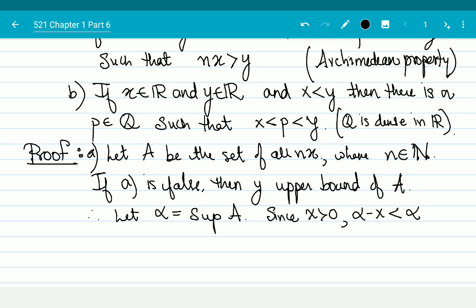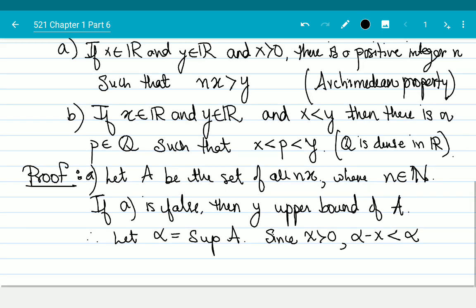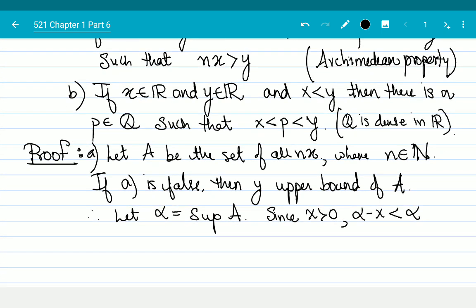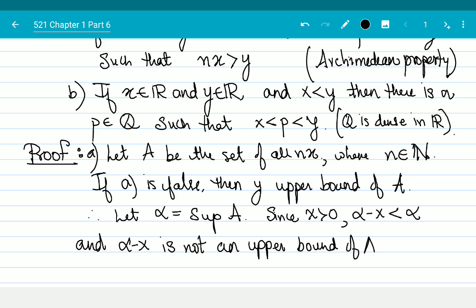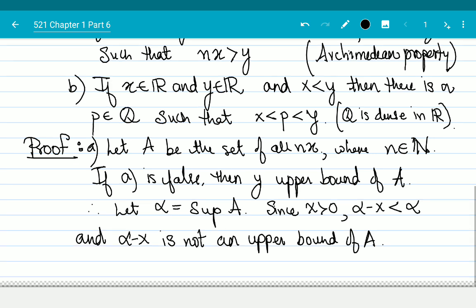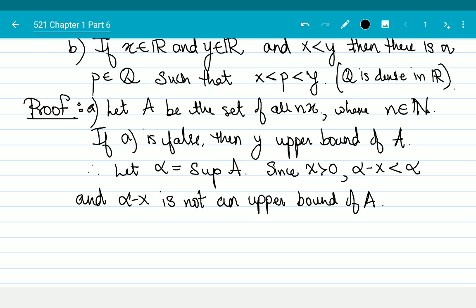Since x is positive, alpha minus x is less than alpha, and alpha minus x, therefore, is not an upper bound of A. Well, if it was, then it would be the least upper bound, contradicting that alpha is the least upper bound.